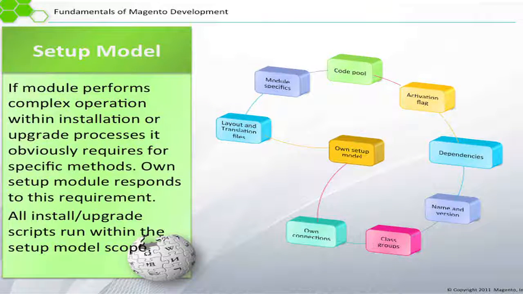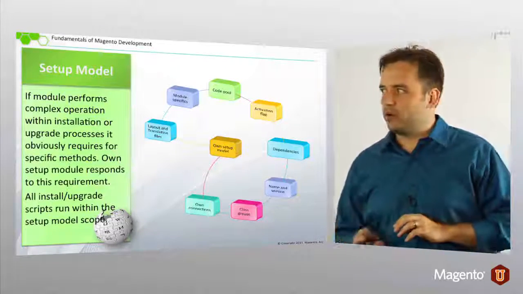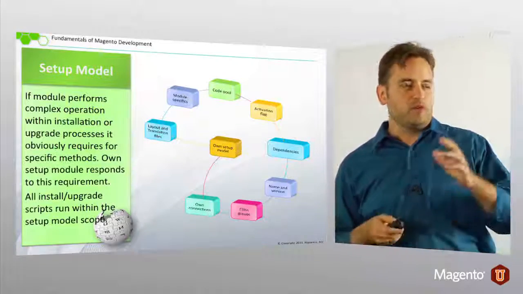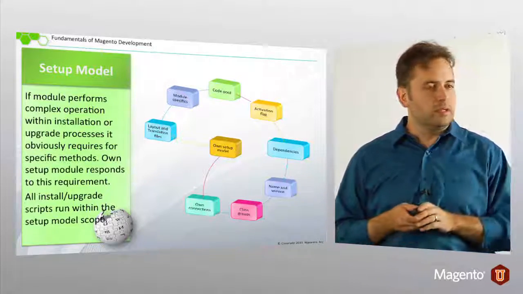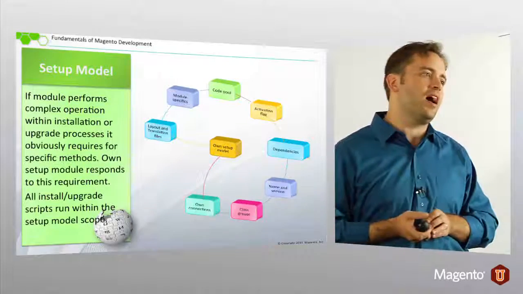If you have some kind of complex logic that your model needs to install, you can create your own setup model and specify that logic in there, especially if you need to grab information from other models. Depending on the time that we have, we'll look at that.